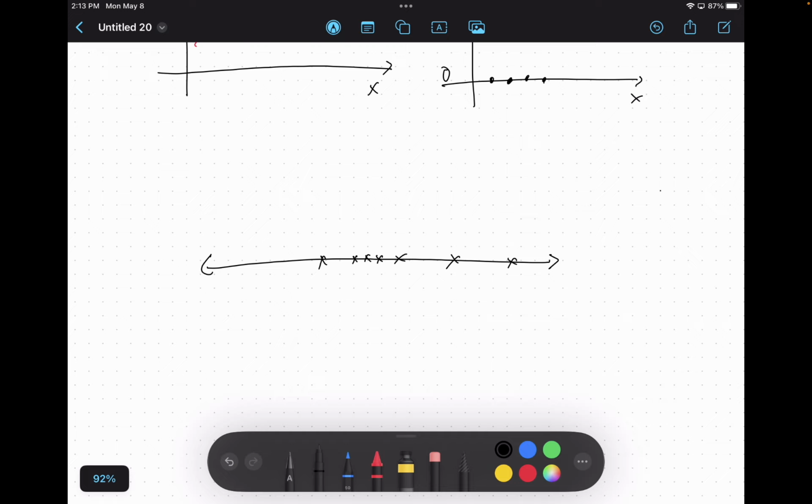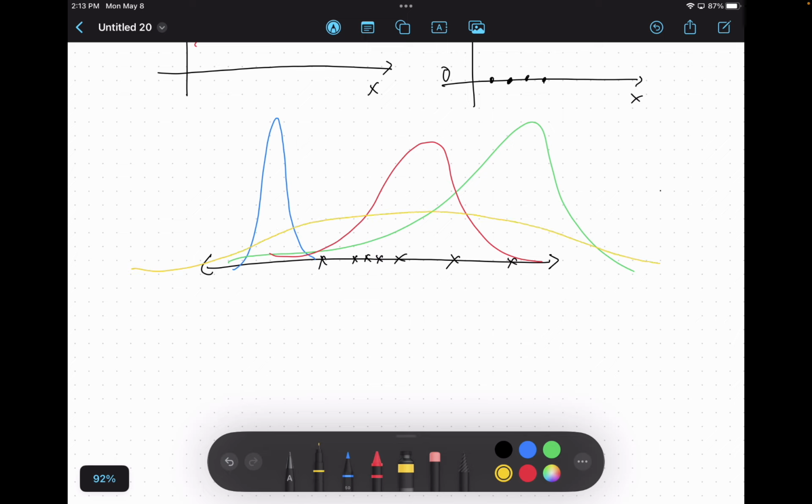In a similar way to how we tried to draw a bunch of different lines through all the points, here I can draw a bunch of probability distributions. Okay, maybe my probability distribution looks like this. Maybe it looks like this. Or maybe it looks like this. Or maybe it looks like this.